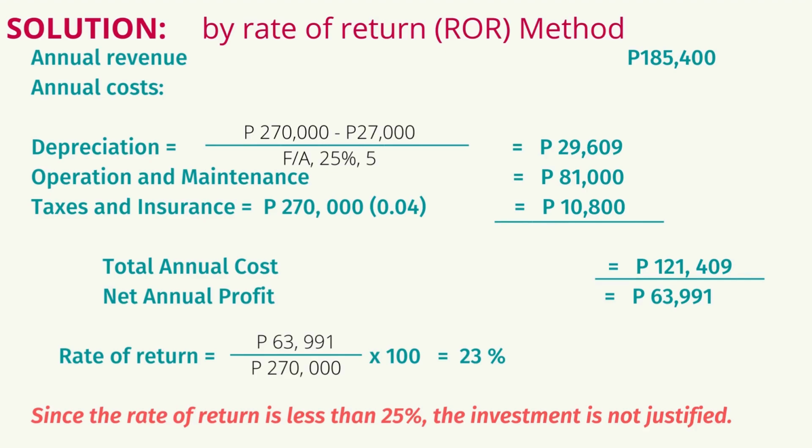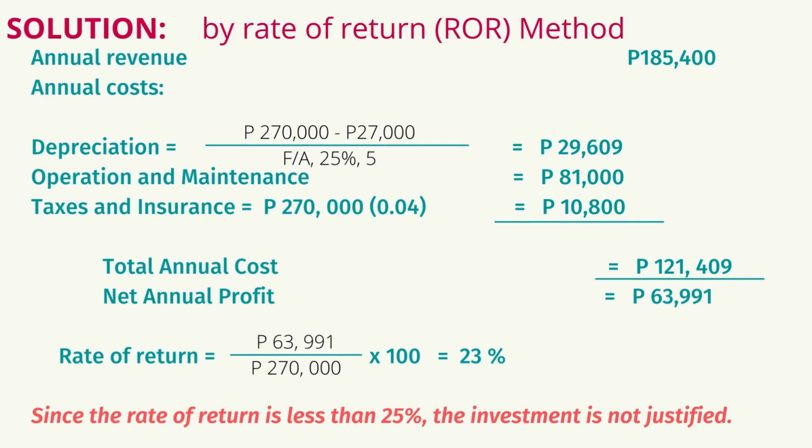The total annual cost is 121,409. The net annual profit is equal to the annual revenue minus the annual cost. So 185,400 minus 121,409 is equal to 63,991.